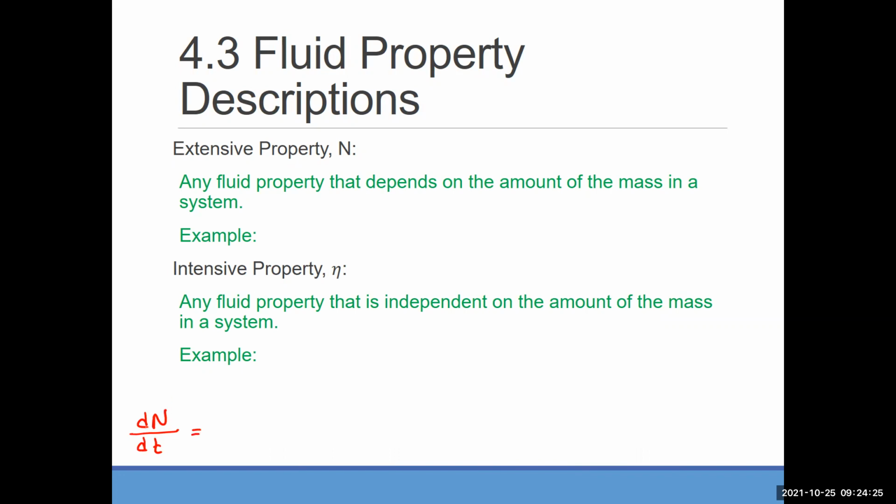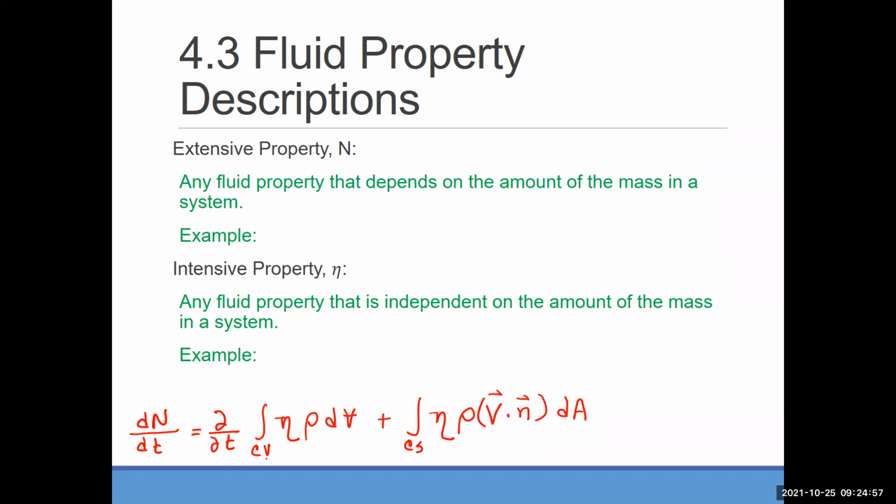So N is some properties of the fluid, and it will be something, EA.